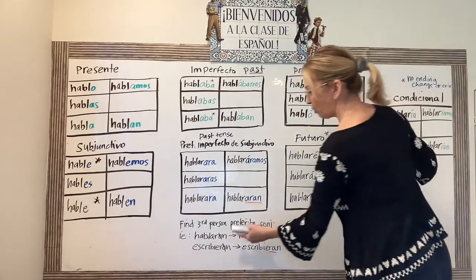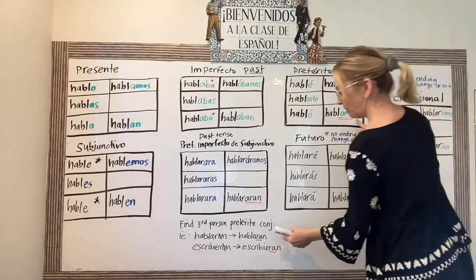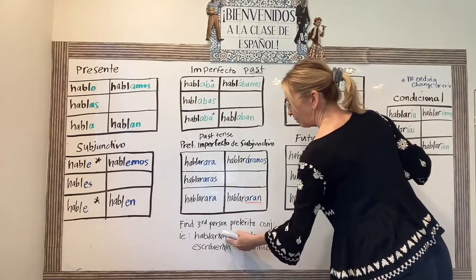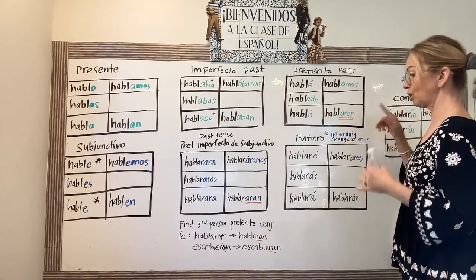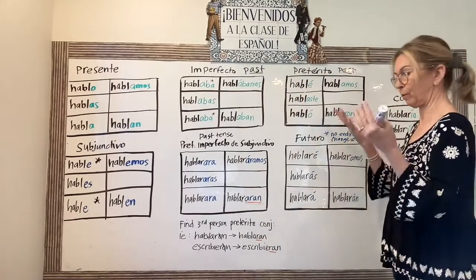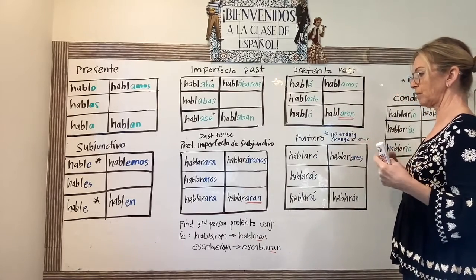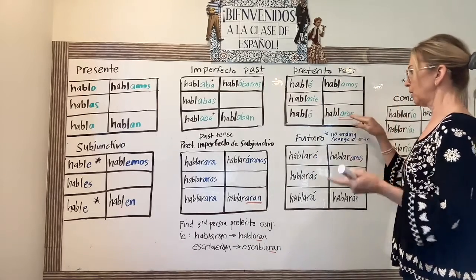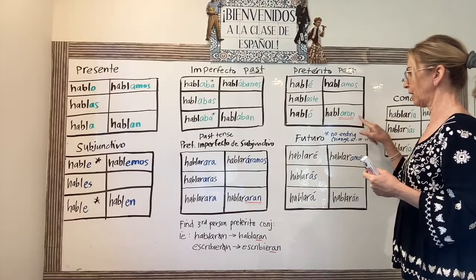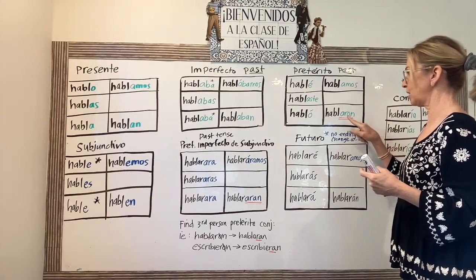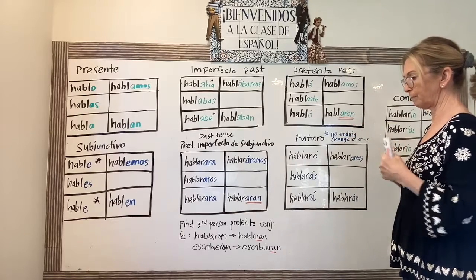And then instead of using the O, you use an A. So instead of hablaron, it's hablaran, right? So that's a good place to start, and then you can work backwards with it. So if you're ever confused about how do I do the imperfect subjunctive, remember, what is the third person plural preterite, or the él, ella, usted, and change the O with an A, exchange it.